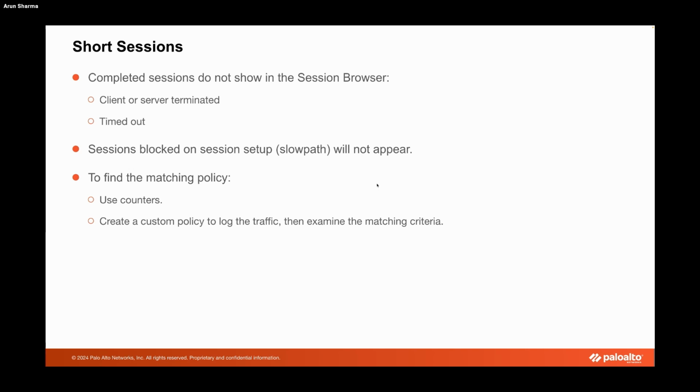It will show you all the historical data. Session blocks on session setup will not appear because they are in the slow path. I'll talk about slow path and fast path later in the slides. To find a matching policy, use counters, or you can use a custom policy to log the traffic.